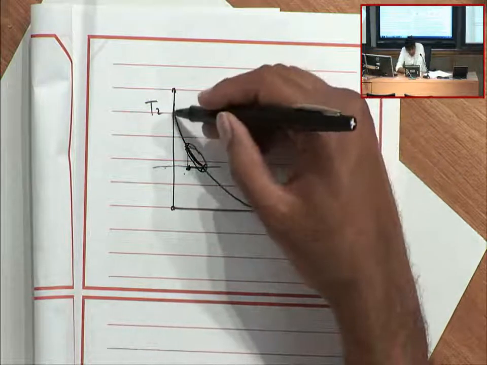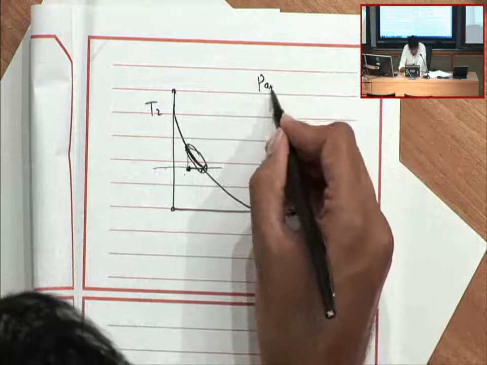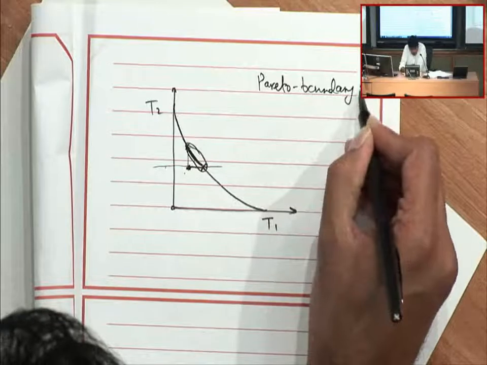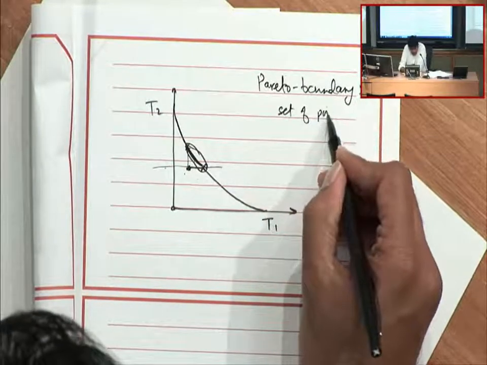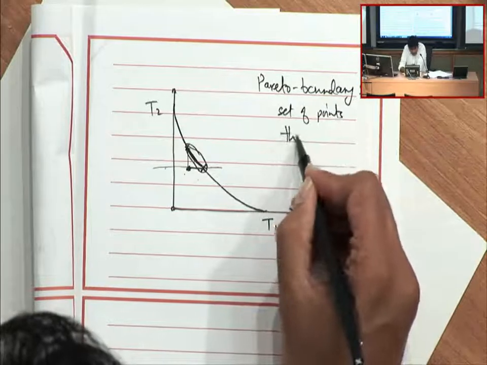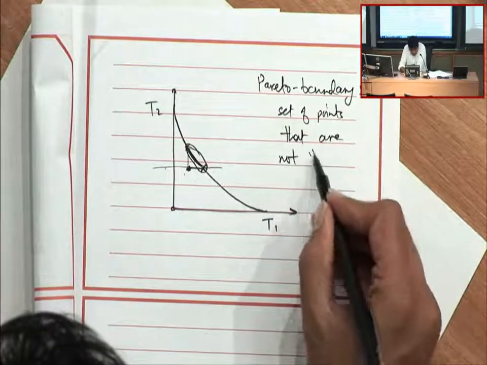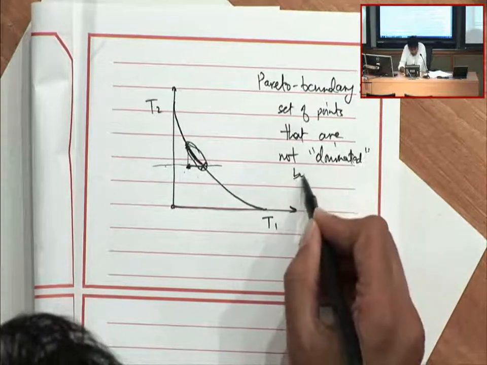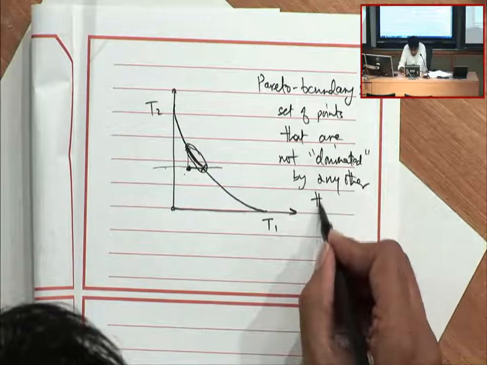And so this boundary, and I've used the word Pareto, okay. What it really is, is a set of points that are not, I'm going to use this phrase, dominated by any other throughput vector.